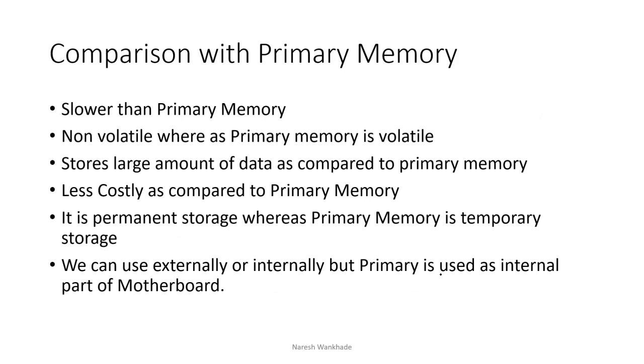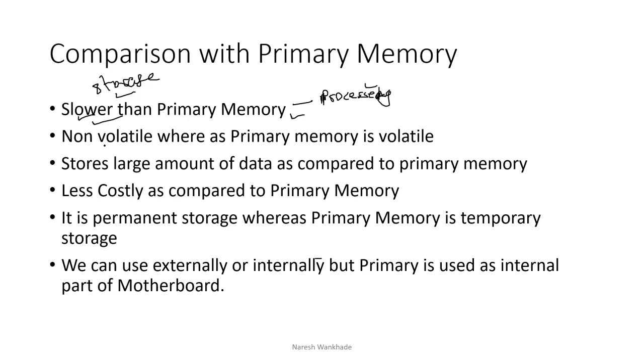This secondary memory is basically slower than the primary memory. This primary memory is basically manufactured for processing purpose, and this secondary memory is there for storage. Means definitely this secondary memory will be slower. Means accessing secondary memory or storing data will be comparatively slower than the primary memory.